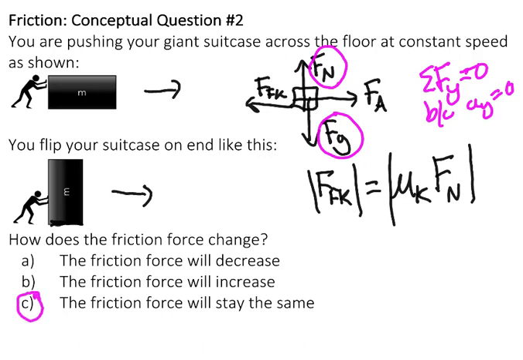Now that feels a little bit weird. A lot of people feel like, wait a second, the surface area got so much smaller here, shouldn't the friction force go down too? So the thing is though, that when you decrease the surface area, you're also increasing the pressure on that surface. So you have less surface area to make a friction force, but because you have all this mass concentrated on a smaller surface, you have more pressure per unit of area.